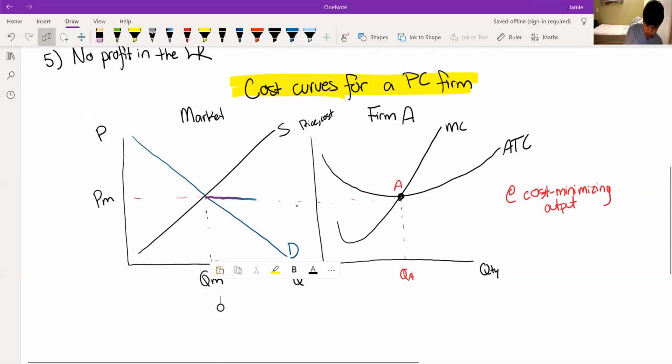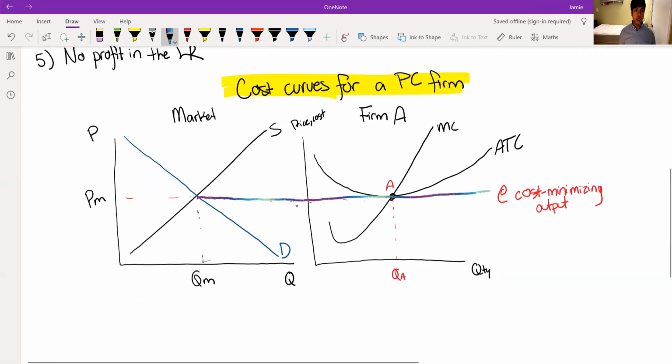Let's translate that all the way onto the cost curves. And what we find is that horizontal line is the price that the firm has to take because they're a price taker. So that price, PM, can also be thought of as their marginal revenue.